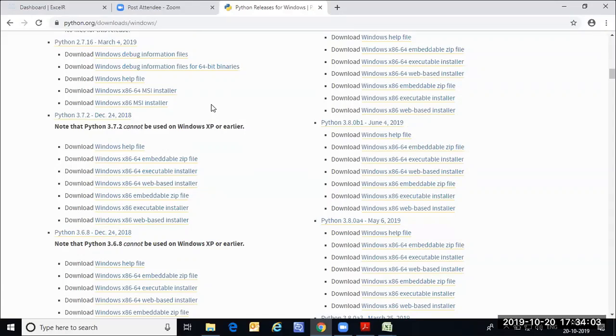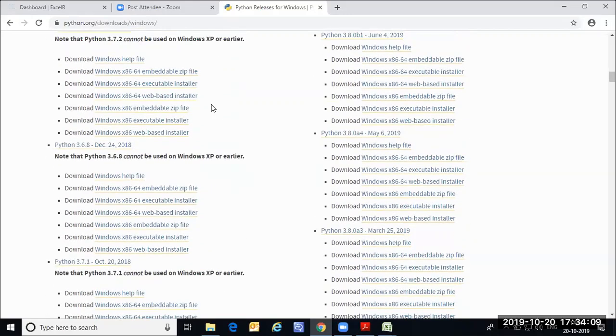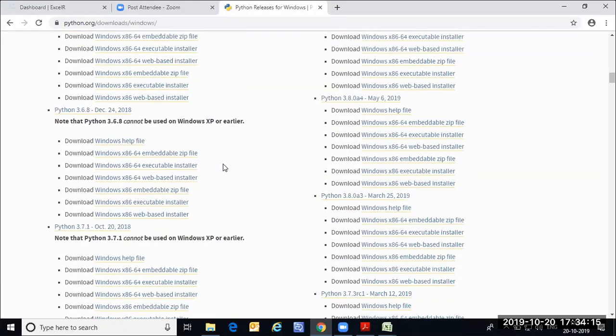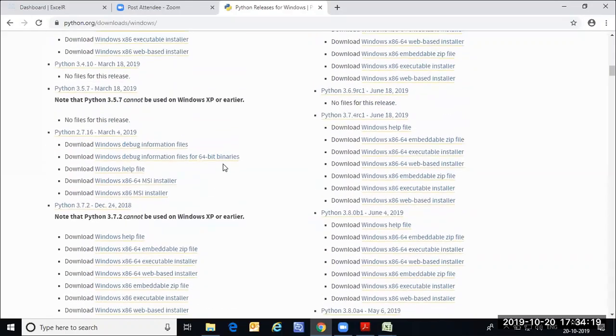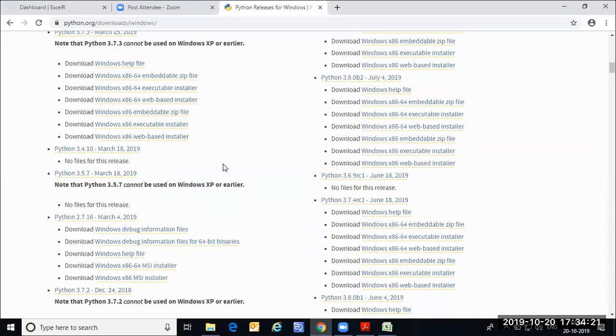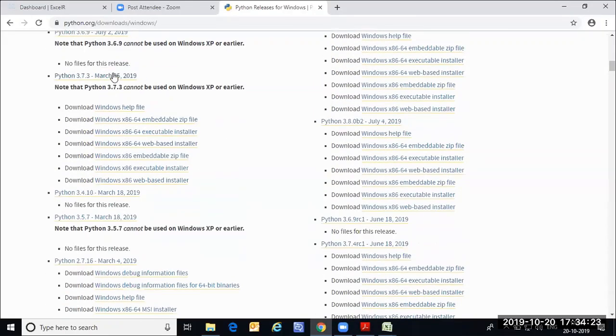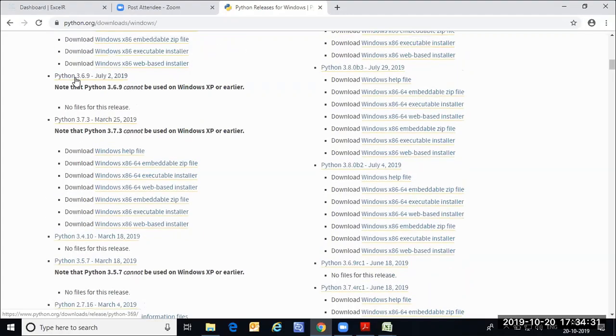Oh, but if you are there, please go for even previous versions, the 3.6 versions. Otherwise, if you're in Windows 7 or Windows 10, go for the 3.7.3 version. These are all stable versions.